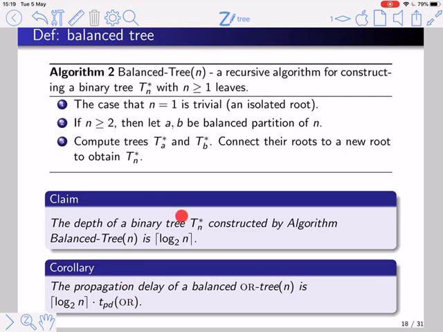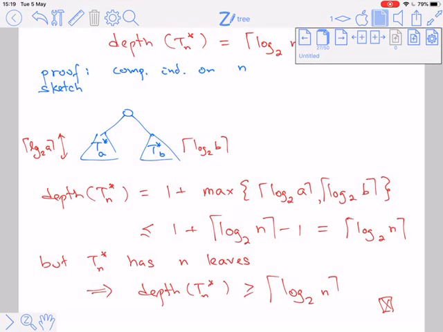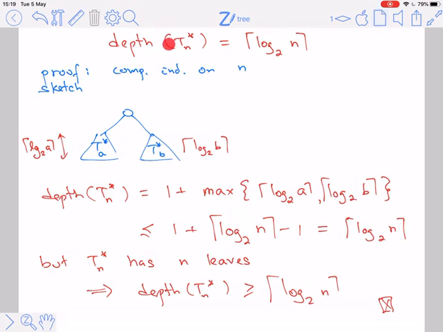Good. So now we want to prove this claim. We want to prove that the depth of T n star equals log n rounded up. Again, the proof is by complete induction on n. I'll skip the induction basis and the induction hypothesis, leave it as an exercise, and proceed immediately to the induction step. I take n, I partition it in a balanced fashion into A and B, and I take T A star and T B star recursively.